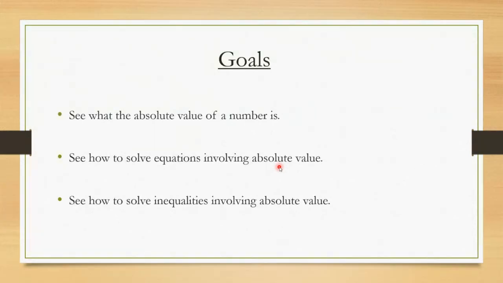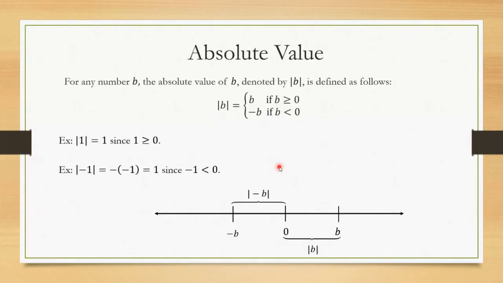Okay, so let's define absolute value. For any number b, by definition, the absolute value of b is denoted by two vertical bars with b between them.